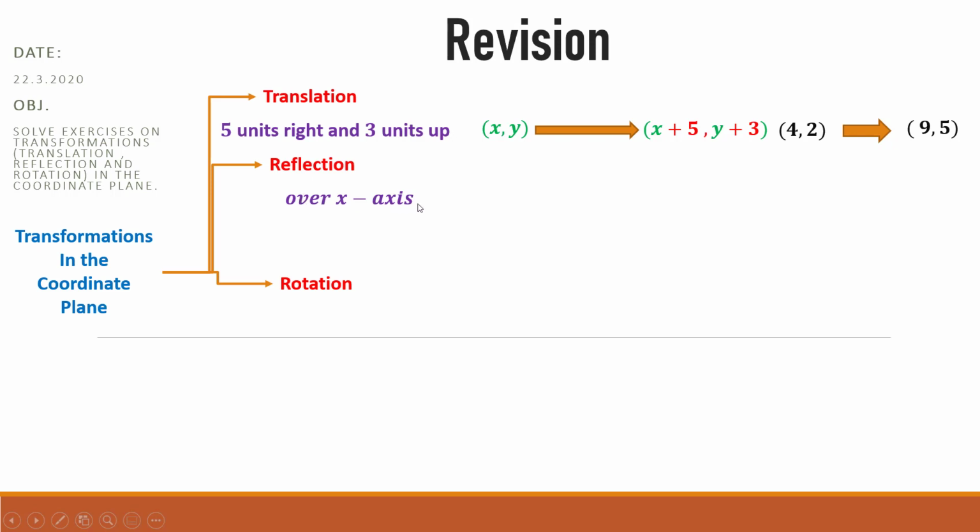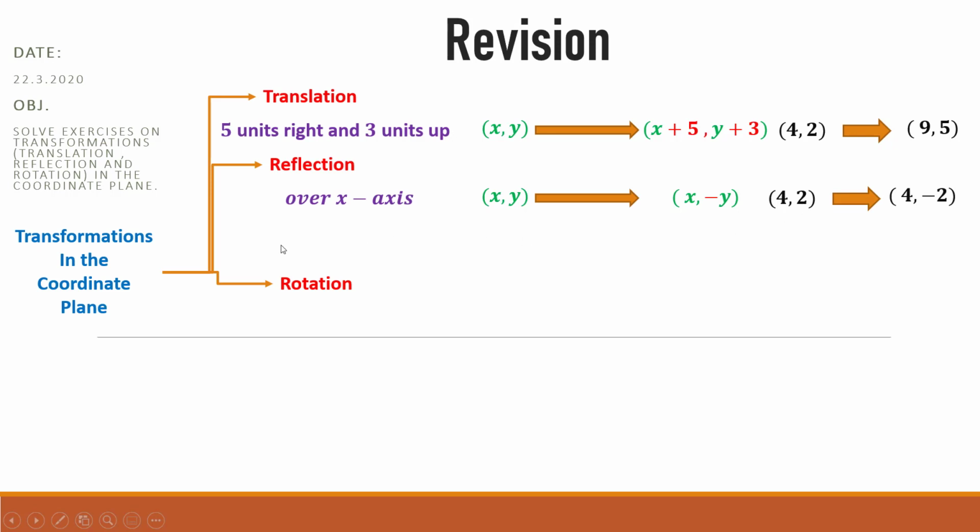For any point x and y, just opposite the y coordinate. So for any point 4 and 2, just opposite y coordinate. So it will be 4 and -2.